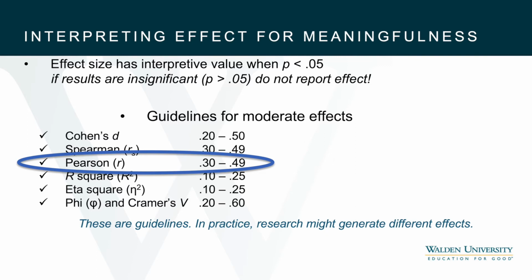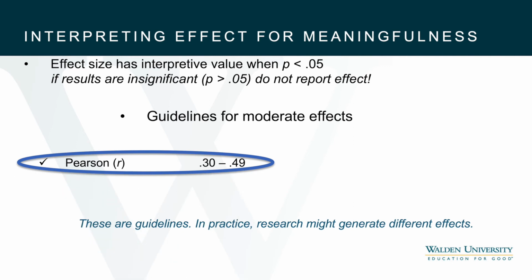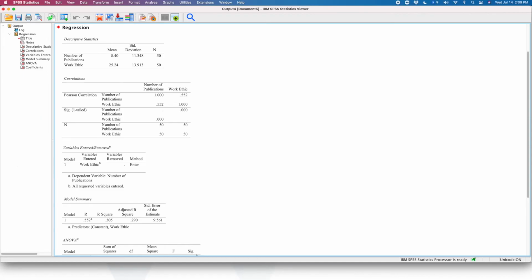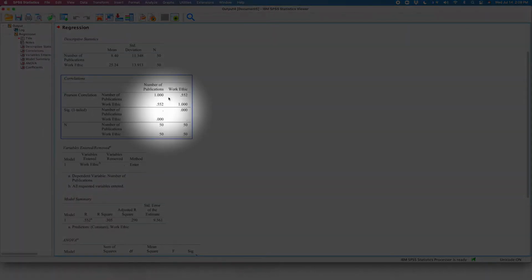So that is the guideline for the moderate effect size. Anything below 0.3 is considered weak. Anything above 0.5 is considered strong. In our case, I have to conclude that this is a strong relationship between work ethic and number of publications because the correlation coefficient came out at 0.552.